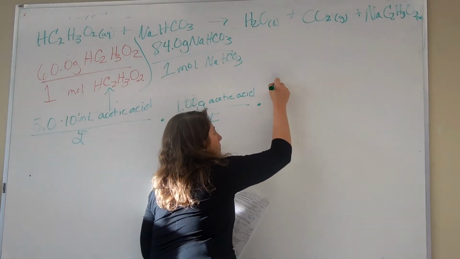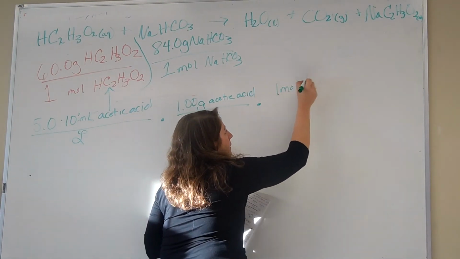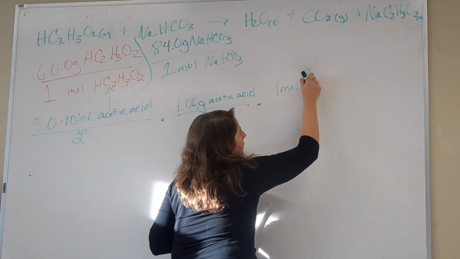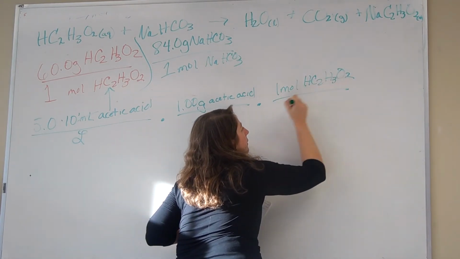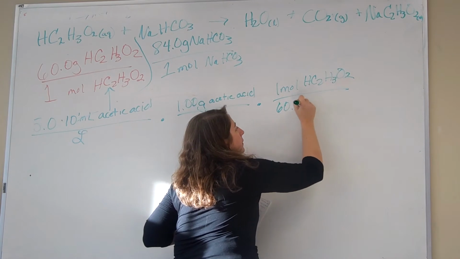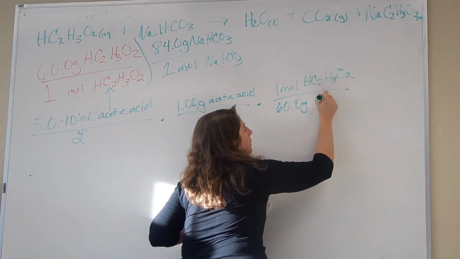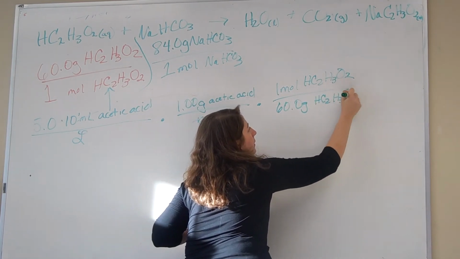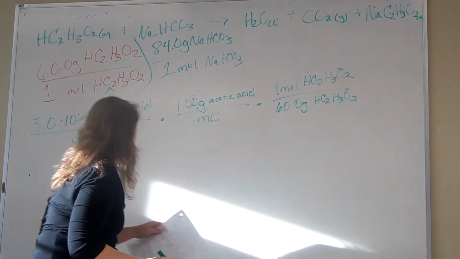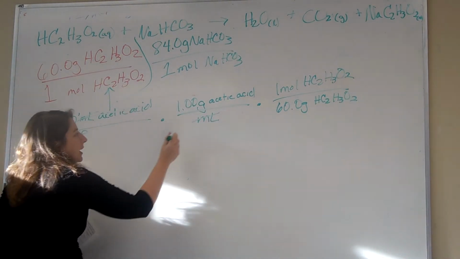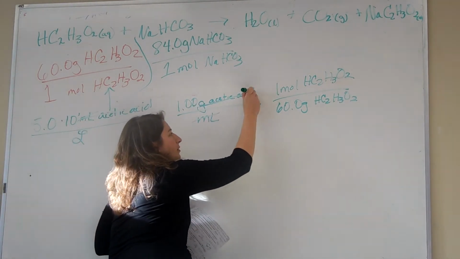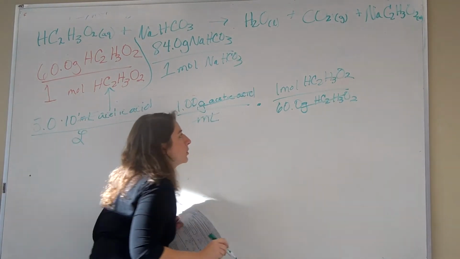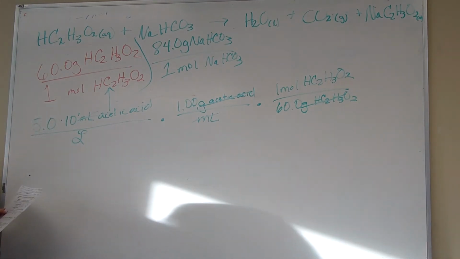Then we're going to multiply by the molar mass of acetic acid. All right, so now we're canceling out milliliters of acetic acid with the density, and then we're going to cancel out grams that we got from the density with grams from the molar mass that we found in step 2.